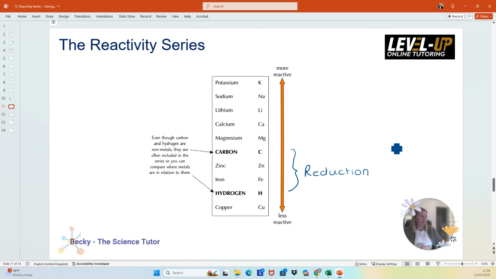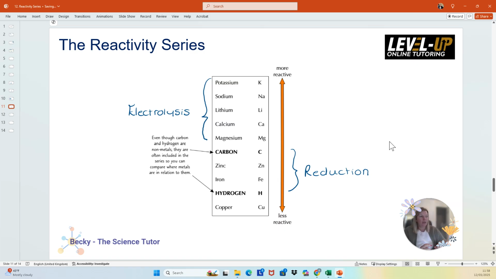The ones that are above carbon, we come across these when we look at electrolysis. So in a few lessons time, when you look at electrolysis, again, you're going to need to come back to this reactivity series to know whether it is more reactive than hydrogen, which is what we compare it to rather than the carbon.